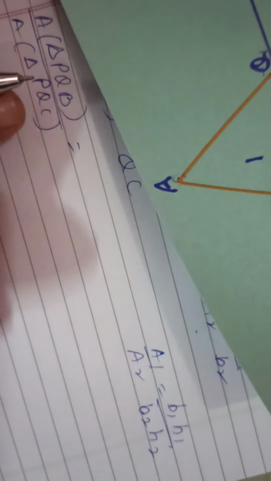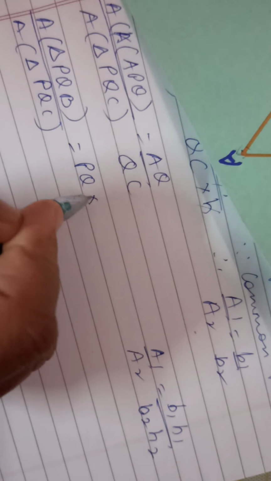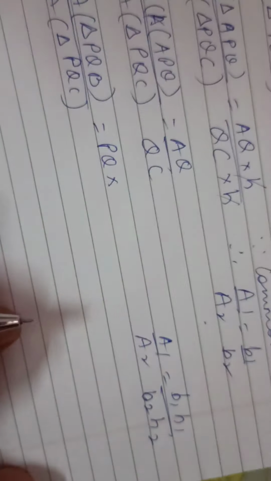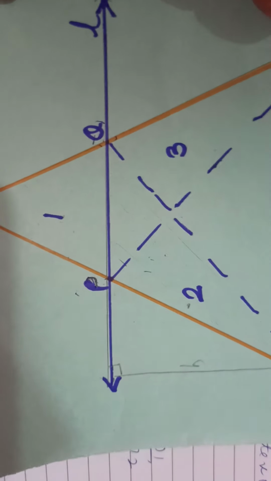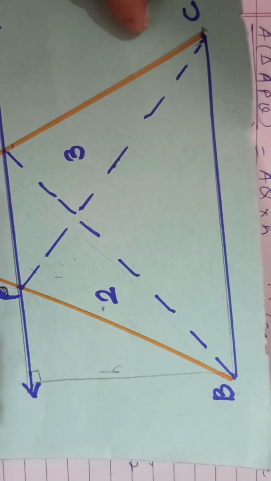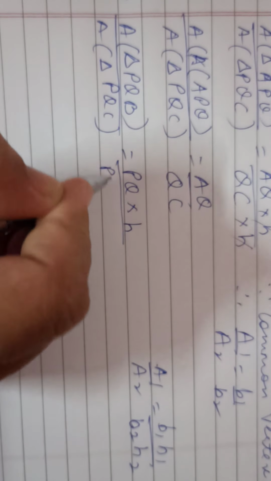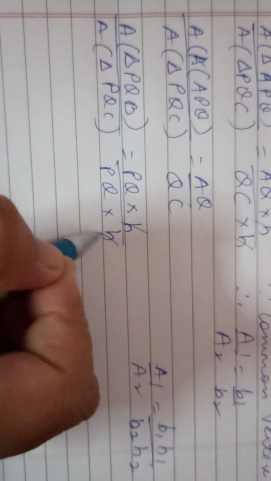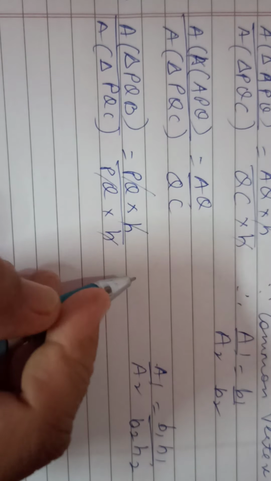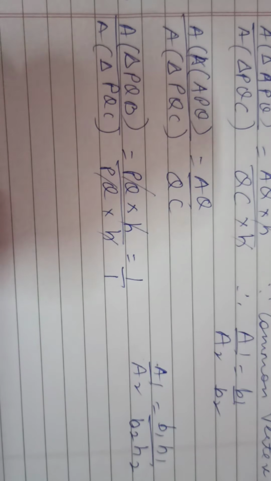Here the bases of both the triangles are PQ. So PQ into height H. The height of both these two triangles, which are lying in between the parallel lines, is H, upon PQ into H. So H1 is H and PQ1 is PQ. We get 1 upon 1.